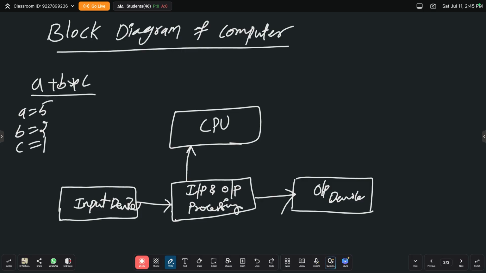But where are these values? Memory is required. Without memory, your logic you will tell A plus B. A plus B is a logic: you should perform addition of A and B. But what is A value? What is B value? From where will you get them? From the memory. Are you clear?